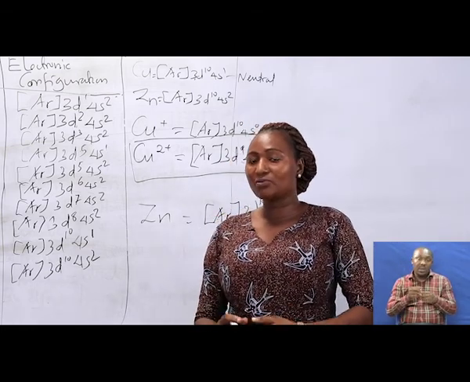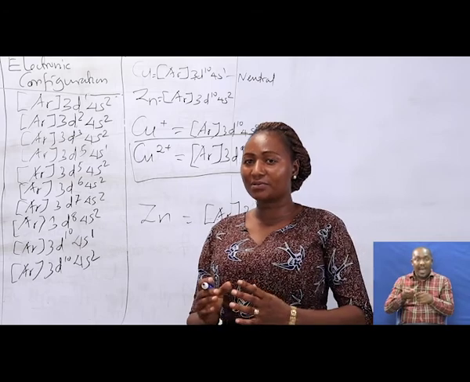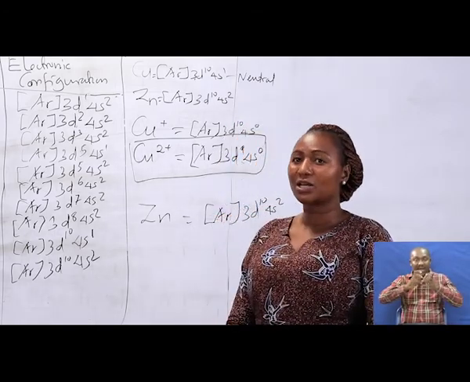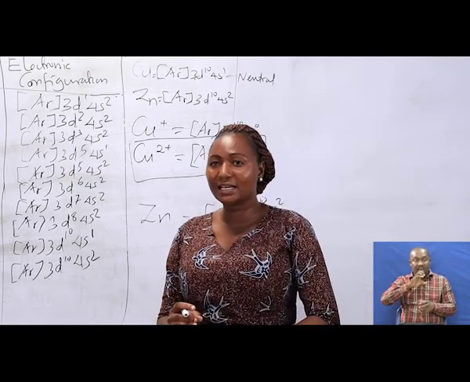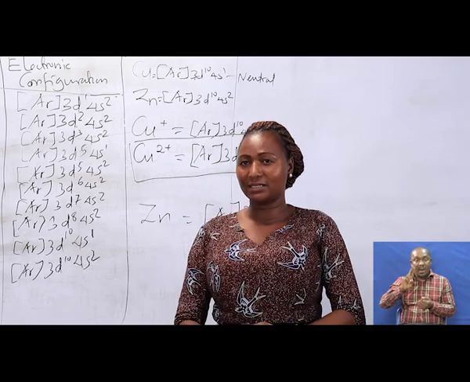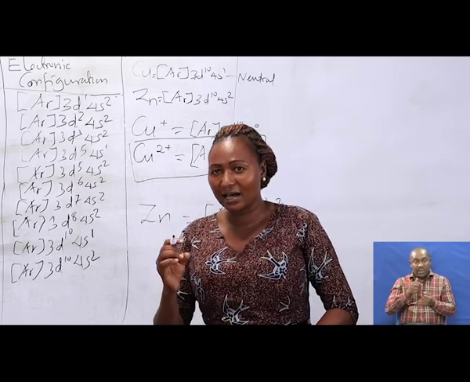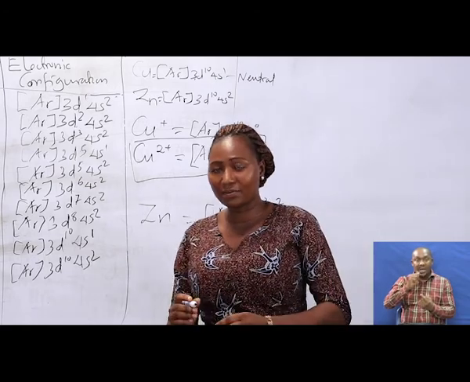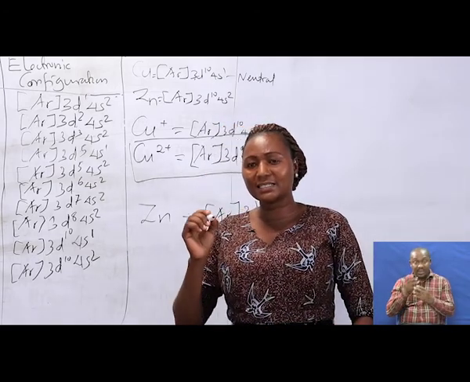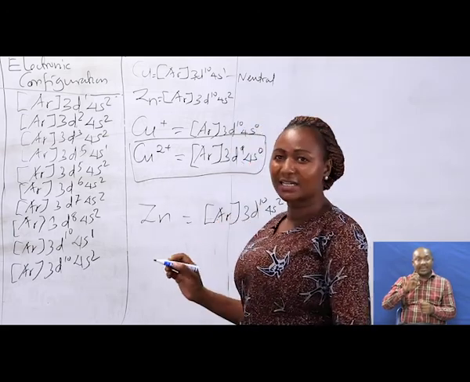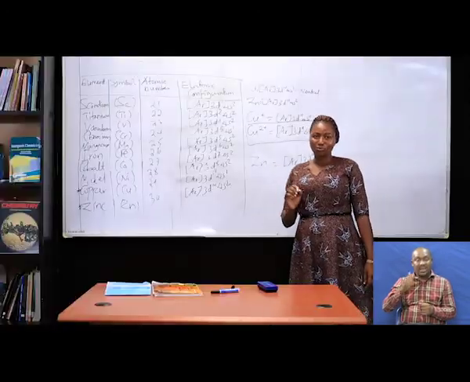But when you look at chemical reactions, zinc forms compounds which exhibit only one oxidation state. Zinc forms compounds in which it exists in only one oxidation state, which is 2.